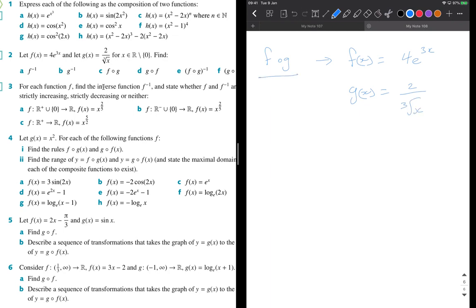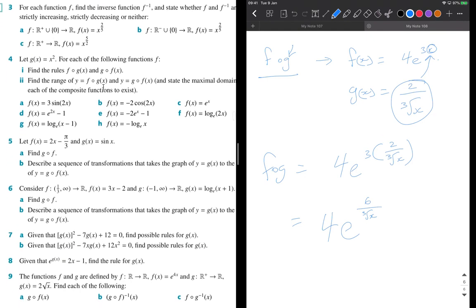So f of g means put g where x is for f. So we're going to get 4e to the 3, and instead of x here, we're going to replace it with all of g. Like that. So f of g is going to be 4e to the 6 over cube root of x. Like that. So that's all you're doing for that function.